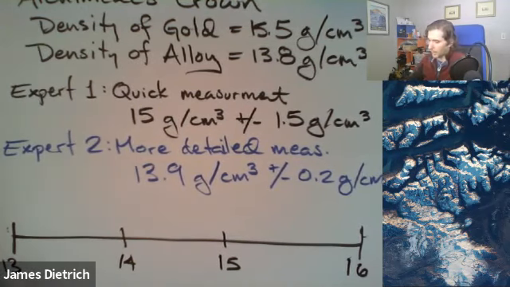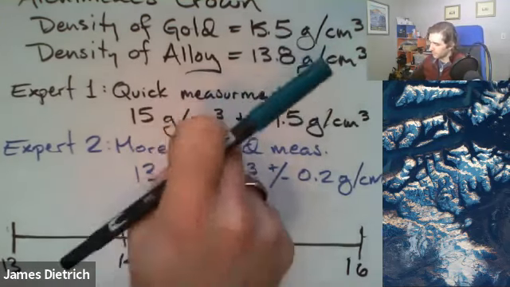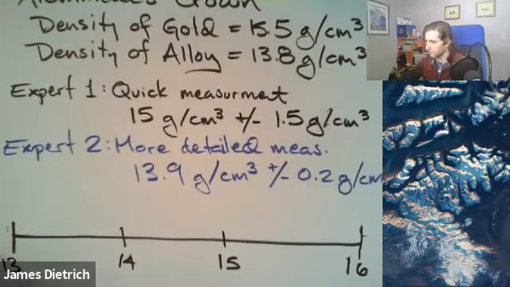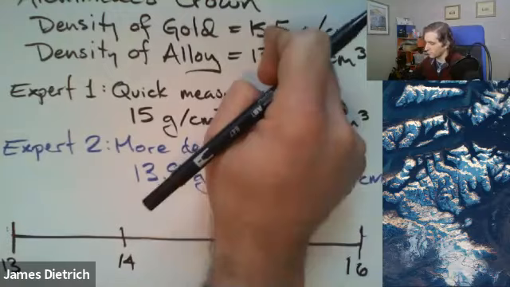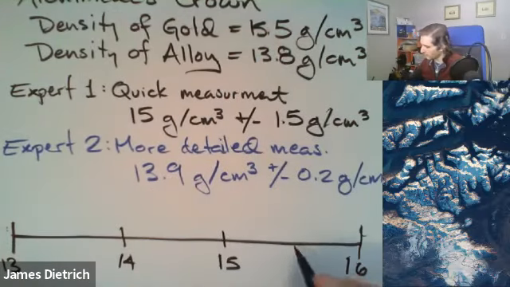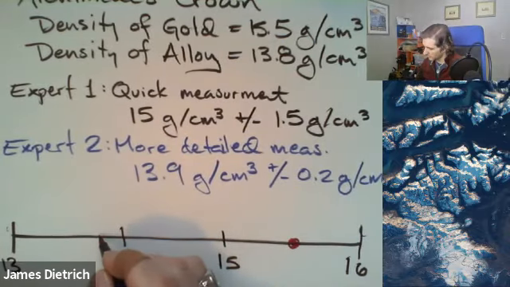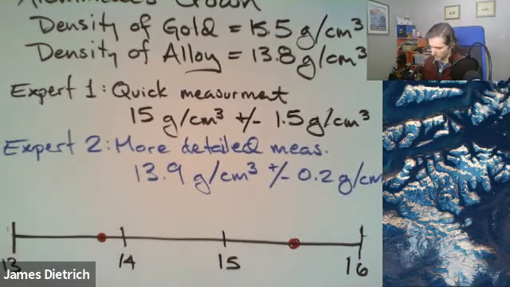Let's plot the values that we know. Gold is 15.5, right there, and our alloy is 13.8, about there.